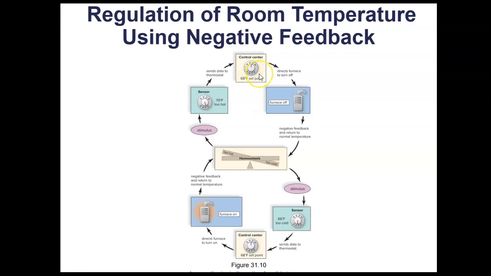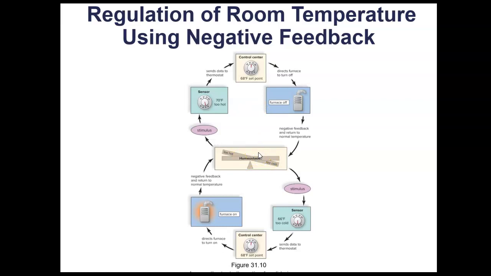What the thermostat is doing is telling the furnace, which is our effector, to shut off. Another thing it could do is turn the air conditioning unit on. But in this case, it's just shutting the furnace off, and that is going to cause our condition to return back to the set point, which is 68.